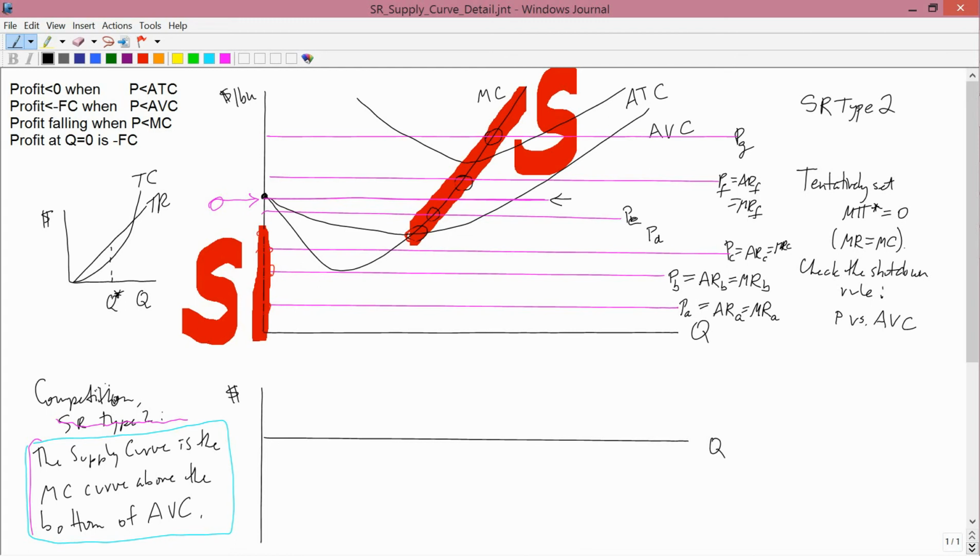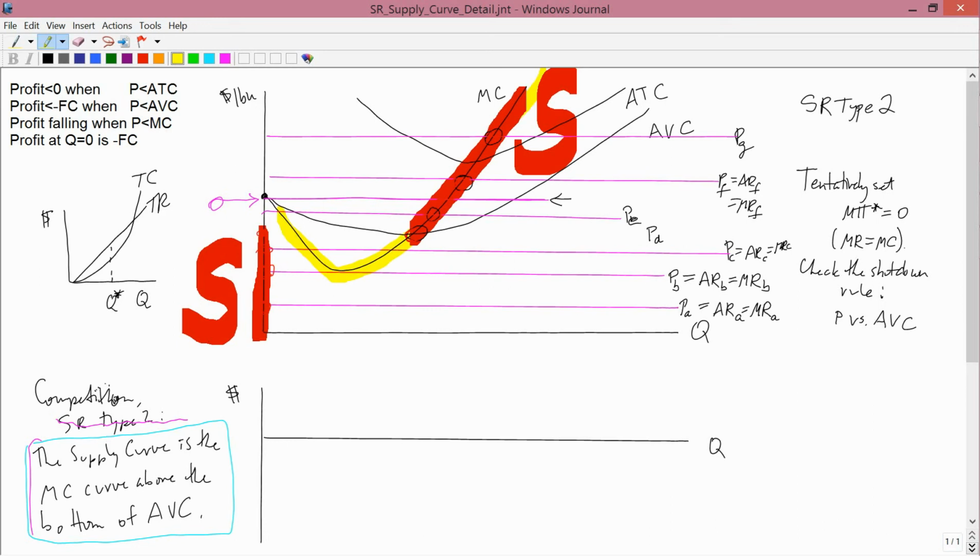So we said MR equals MC. Of course, that horizontal line is MR. MC, you can see where the MC curve is. The yellow curve is the MC curve.